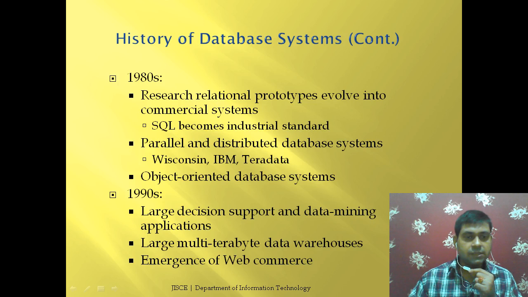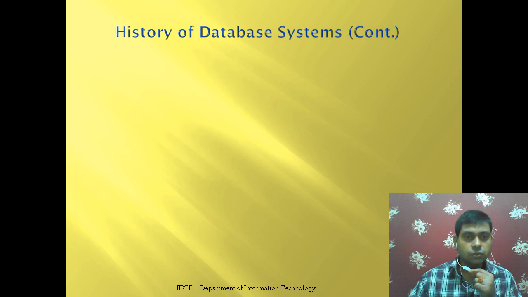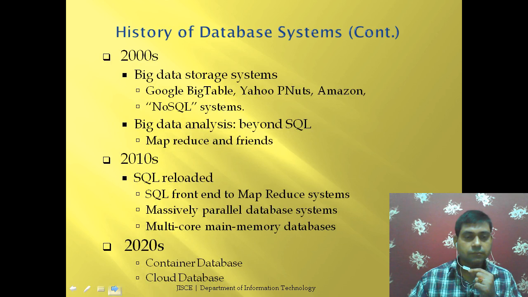In the 1990s, large decision support and data mining applications came into the picture, along with the emergence of web applications. After that, in 2000, big data storage systems came into the picture, like Amazon, then NoSQL systems, MapReduce and friends.